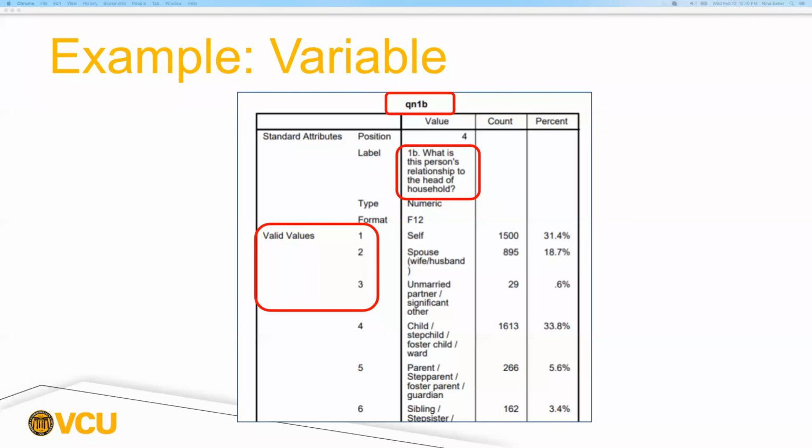A 2 is the spouse was responding for the person. 3 is a non-spouse partner, and so on. We call these codes for the values of the variable. So sometimes you'll hear about coding and recoding data. These 1, 2, 3, 4, 5, 6, those are the codes.